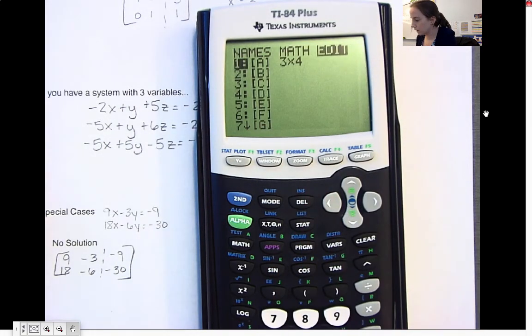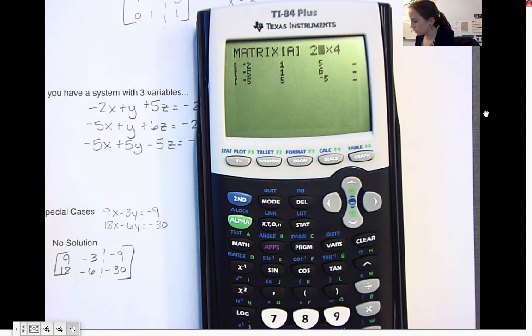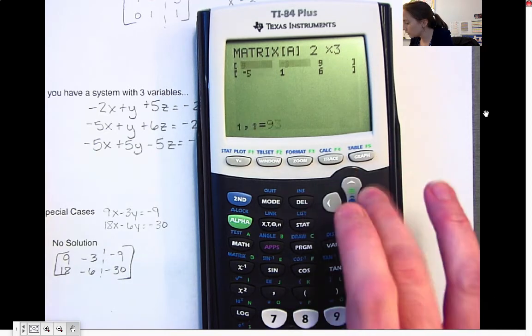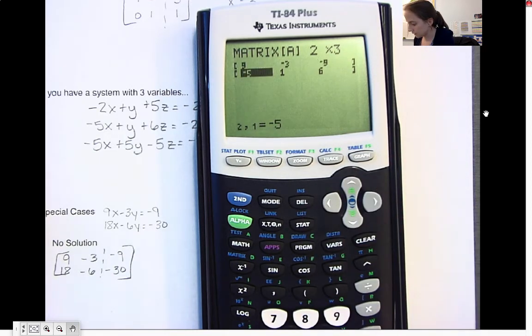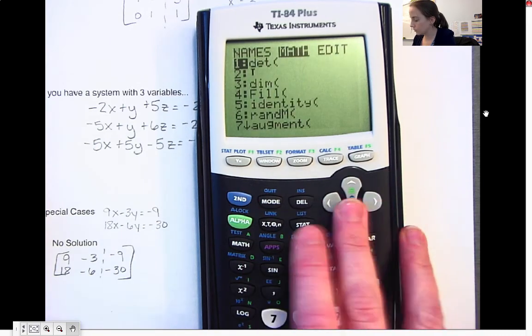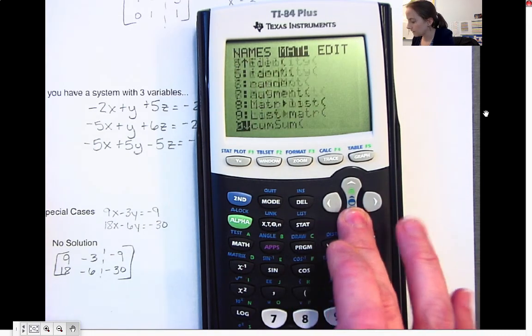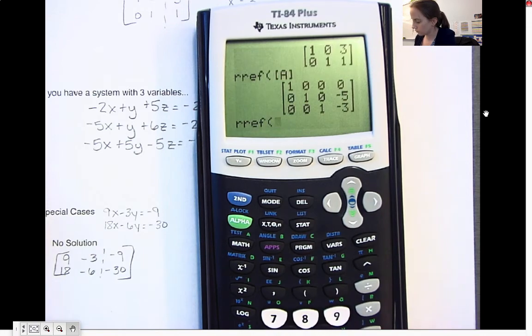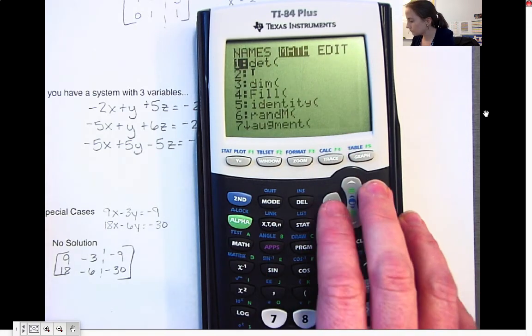This is a 2 by 3, negative 9, 18, negative 6, negative 30. Run reduced row echelon form on it, matrix over to math, reduced row echelon form, go get matrix A.